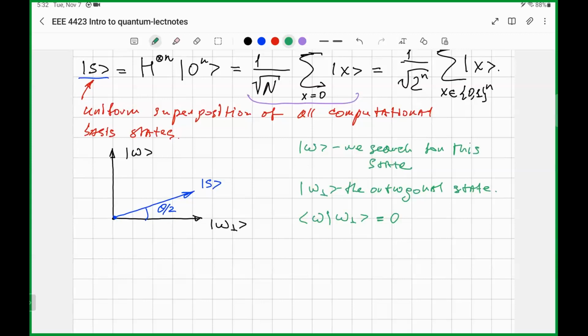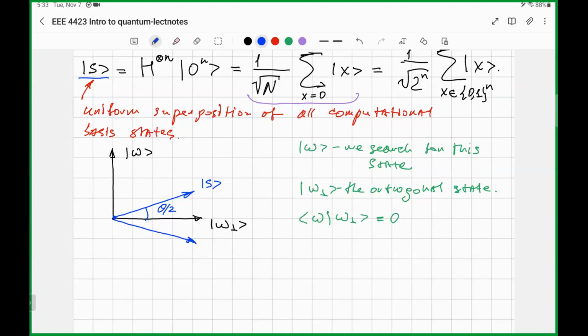We first reflect this vector state S, which is the uniform superposition of all computational basis vectors, across the vector omega orthogonal, like this.